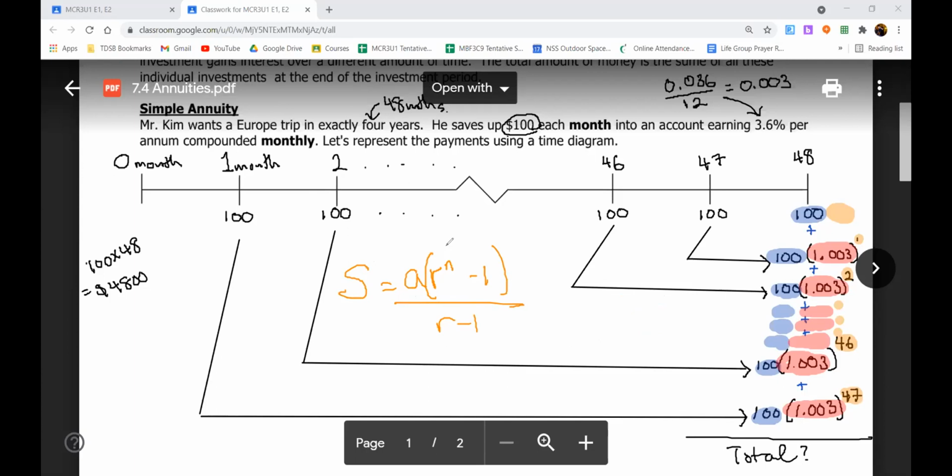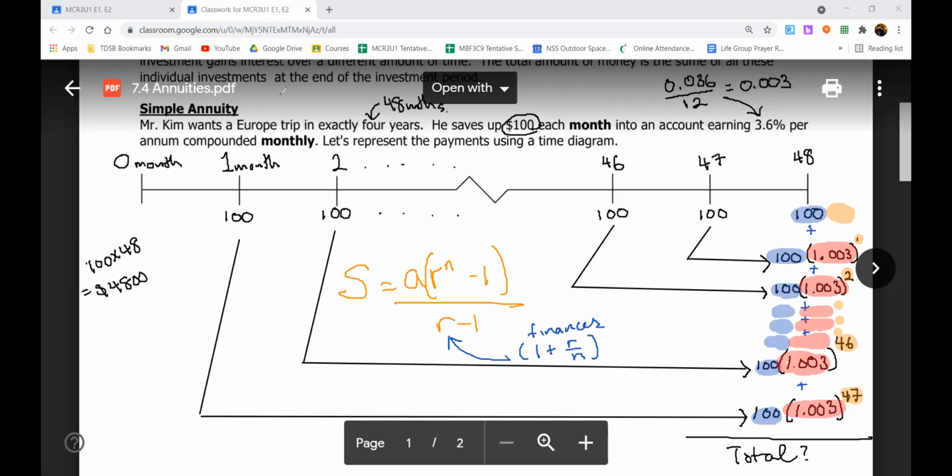But remember, in this particular case, the R is not the rate of interest. The R is just a ratio. When we change into finances, the R is going to be 1 plus the r over n that we've been using for finance questions all the way up till now.